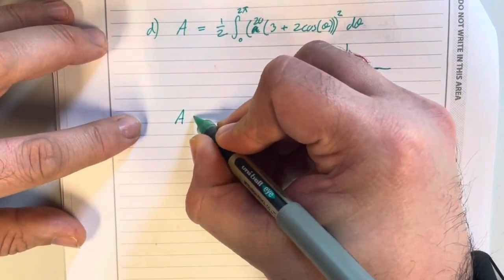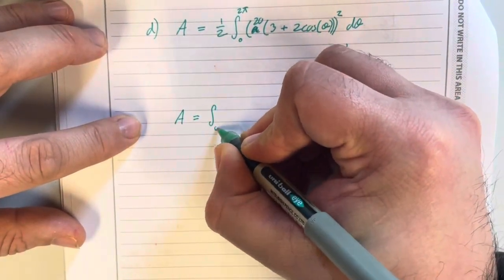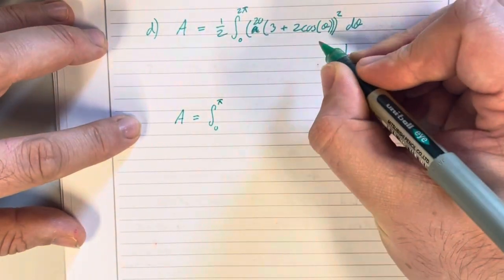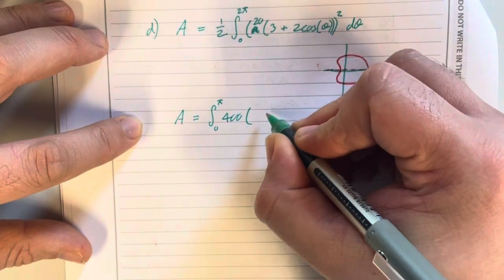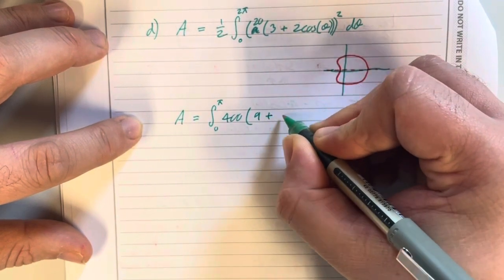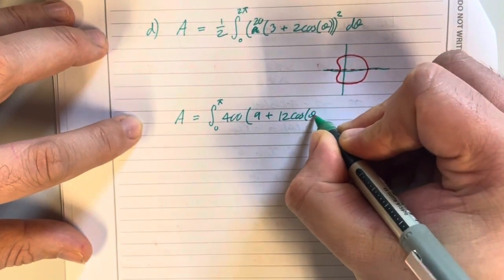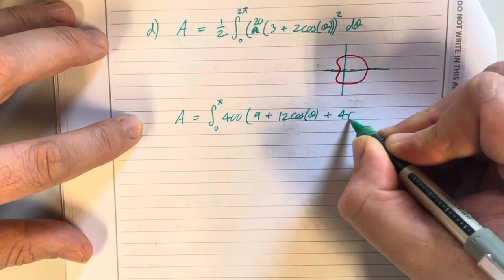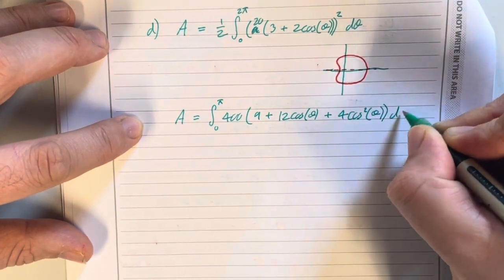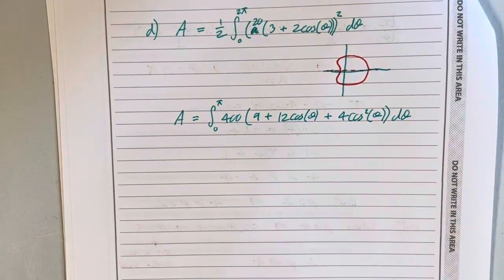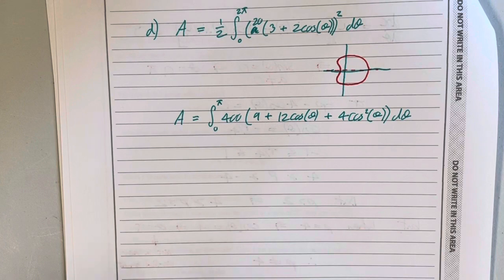So the area is actually the integral from 0 to pi of this. So that's going to be 400 into 9 plus 12 cos of theta plus 4 cos squared of theta d theta. Okay, so that's just the cross-sectional area of the pond.